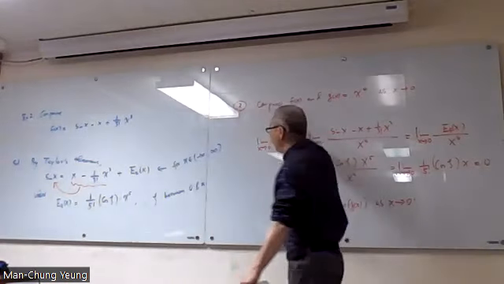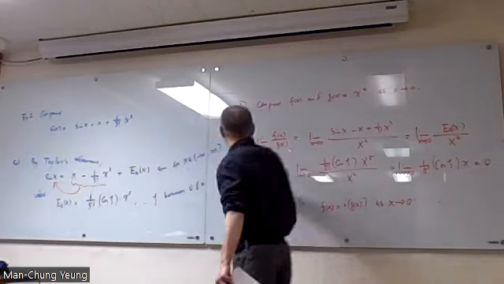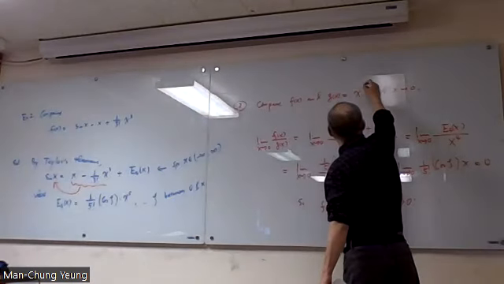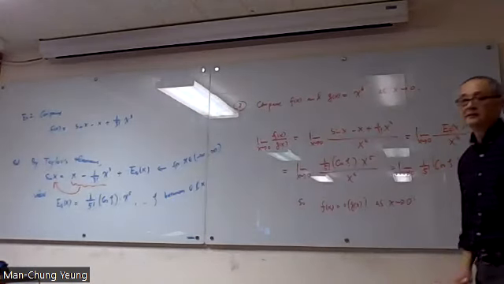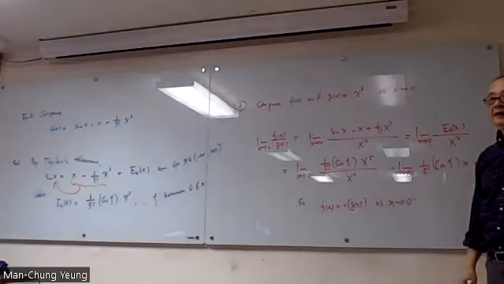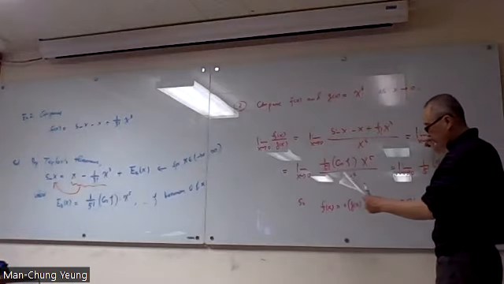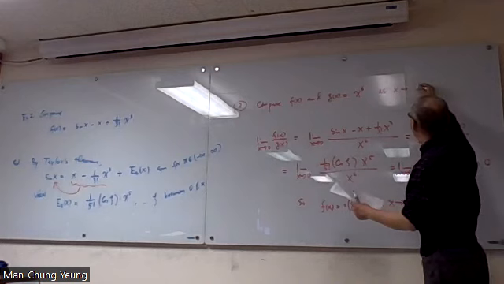Okay, now let me compare this function f with x to the 6 exponent. Then I let x approach negative infinity.